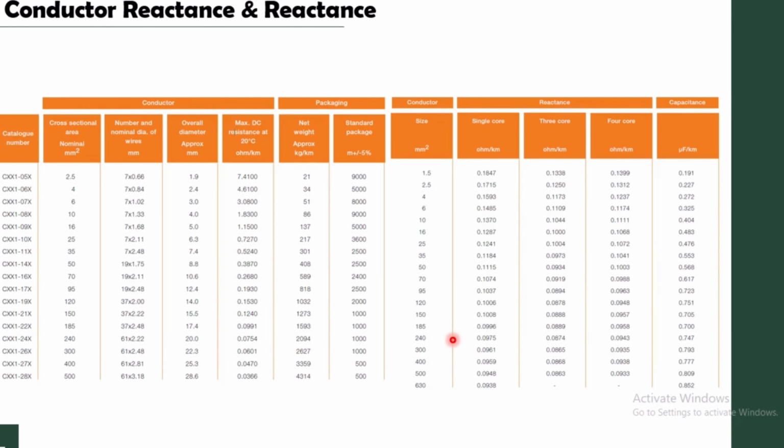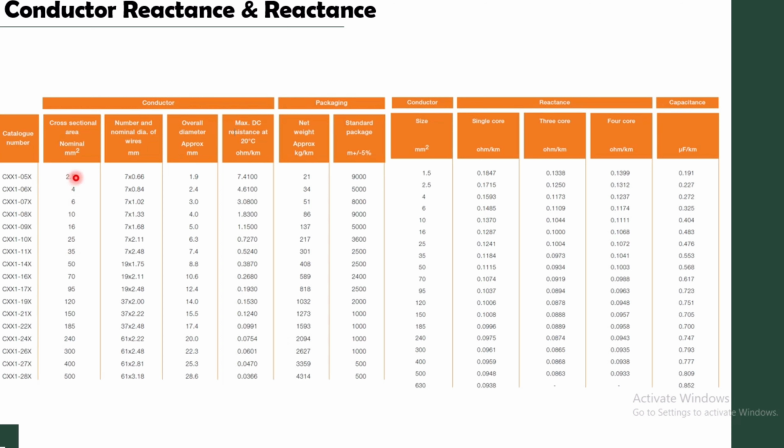See here, to apply the previous equation, I made a screenshot from a product catalog for cable, from the datasheet. I screenshot this table, from which I can get the value of the resistance here for the various cross-section areas of the cables.